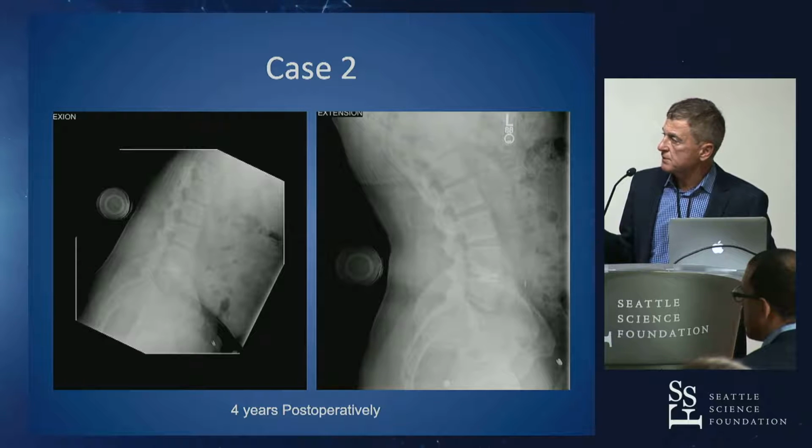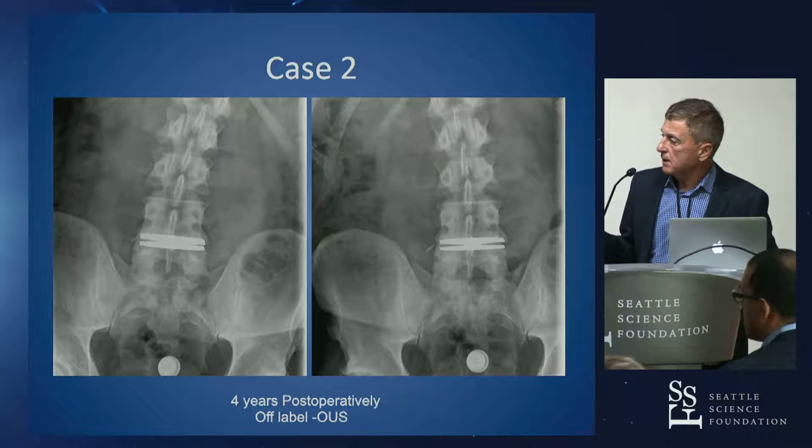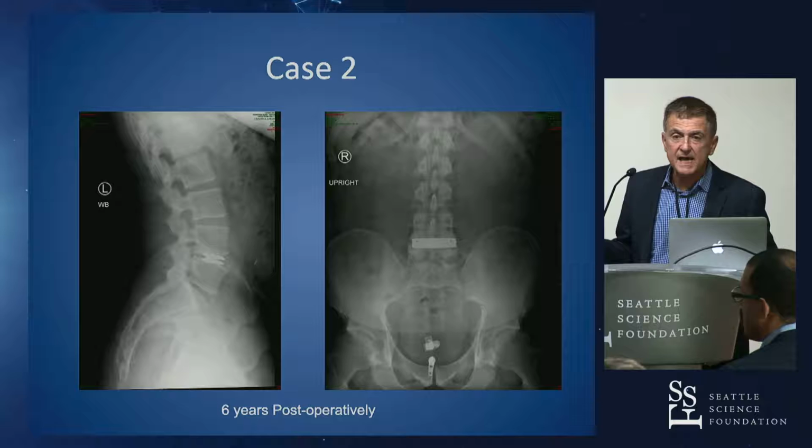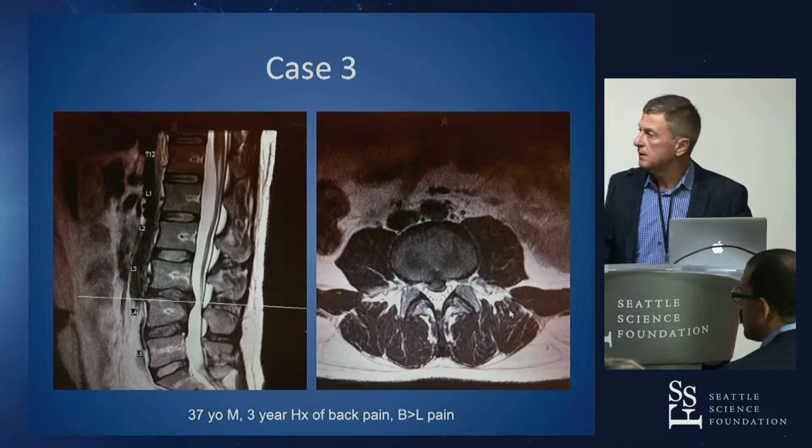This is his 4-year X-ray, very minimal HO, if any, good motion, flexion extension, very little HO here. And this is his 6th year. I saw him in December. This was his 6-year follow-up, still holding, no adjacent segment disease. Again, it's anecdotal, but it's nice to see.